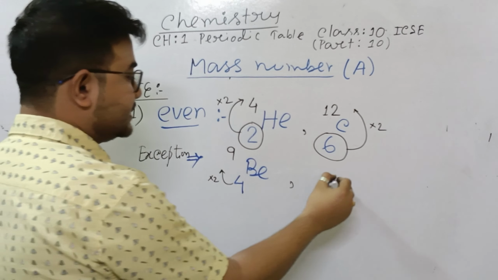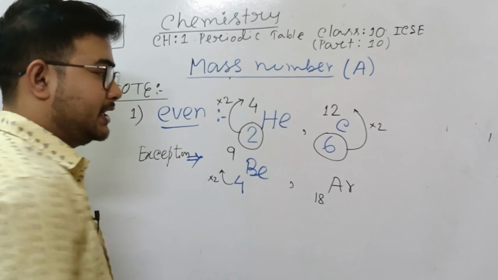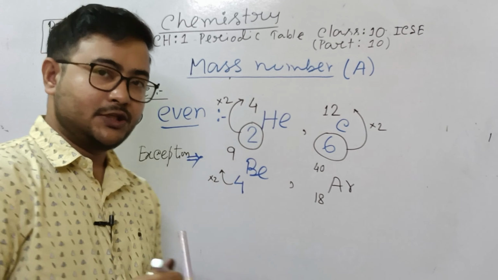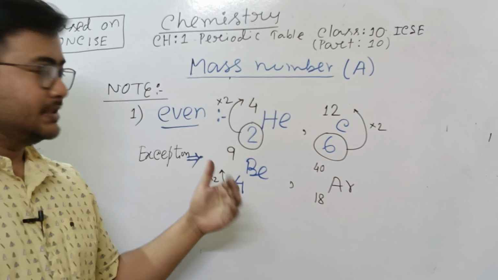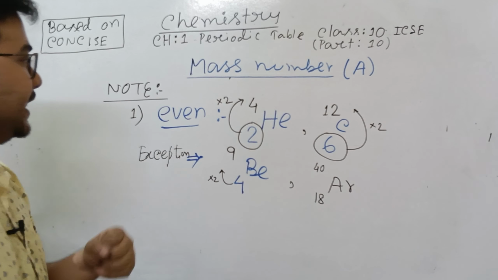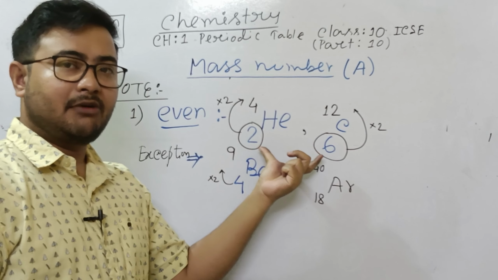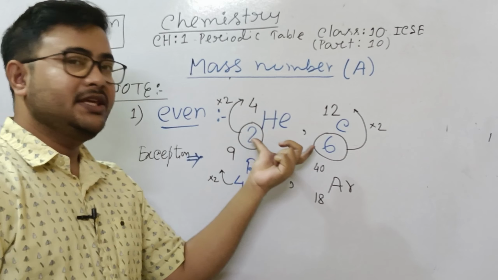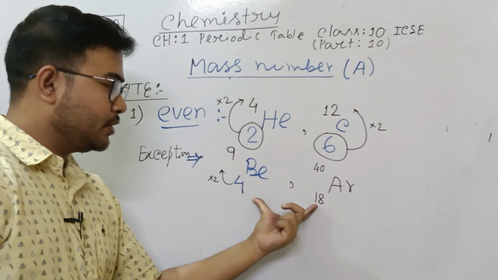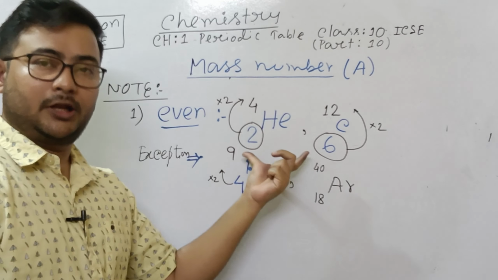Another exception is argon. Argon's atomic number is 18, but its mass number is 40. Keep in mind this formula as well as the exceptions, which are also important for MCQs in section A. Generally, mass number is double the atomic number when the atom has an even number of protons, but sometimes it does not follow this rule.